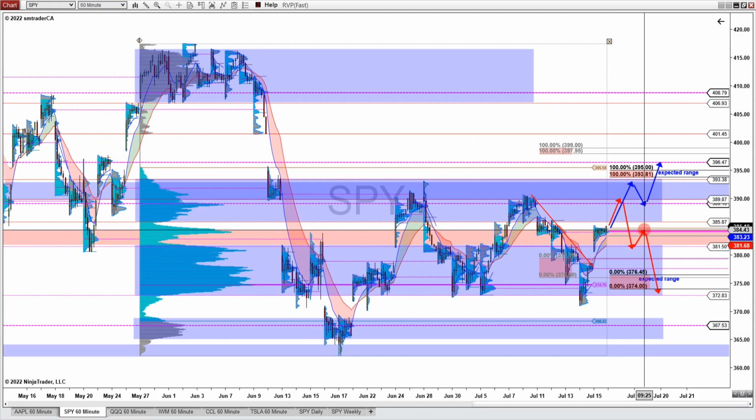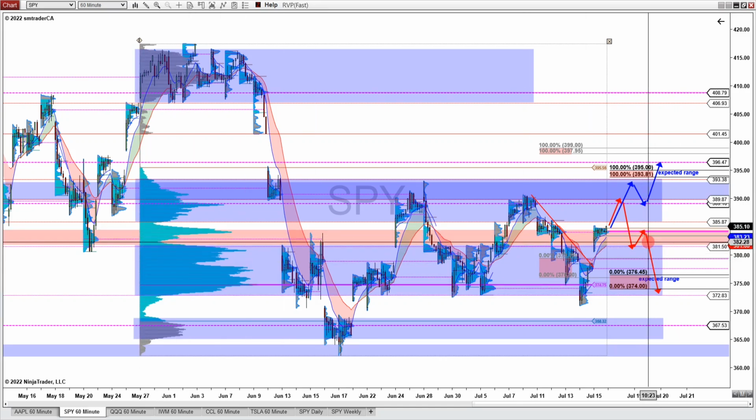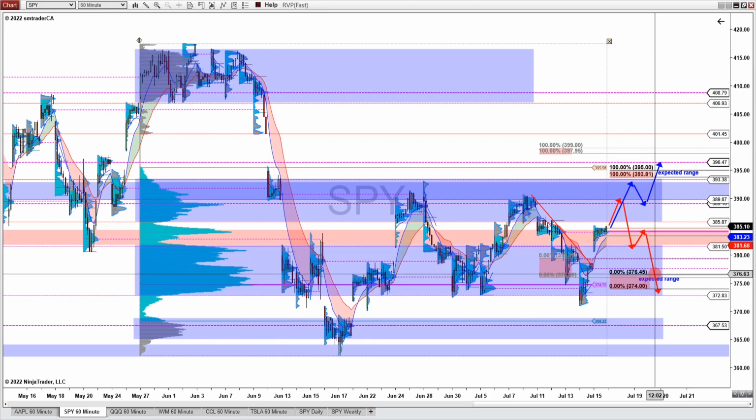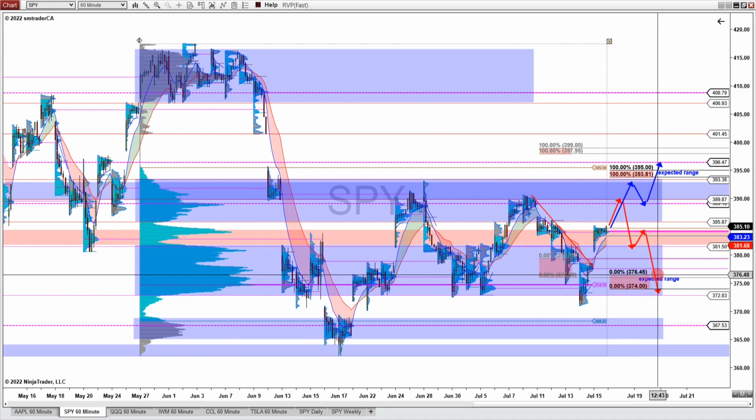And if it could not stay above this 384 level, then I expect it to push through this support zone from the daily chart that we identified, push down into this high volume zone and dip below, and start working toward this lower range of the expected move down at 376.45 and 374.